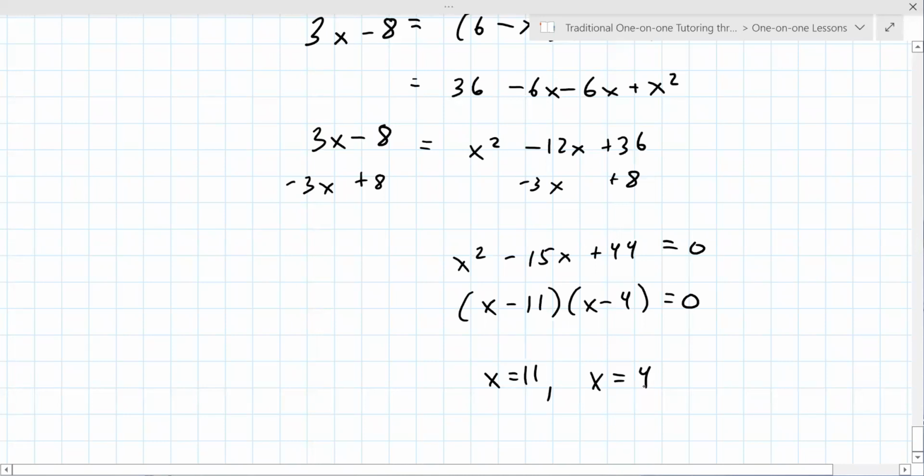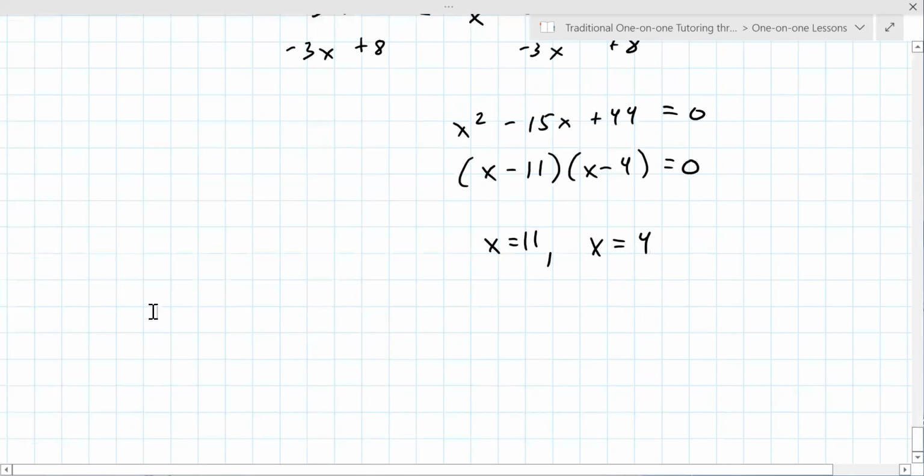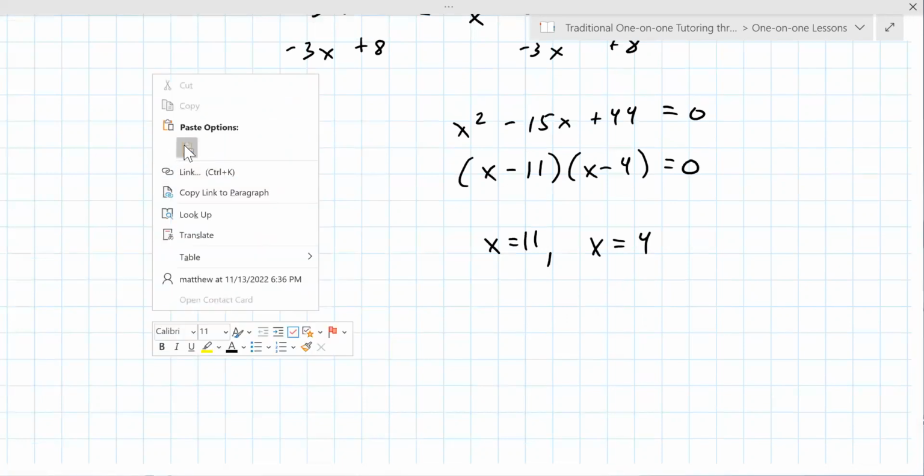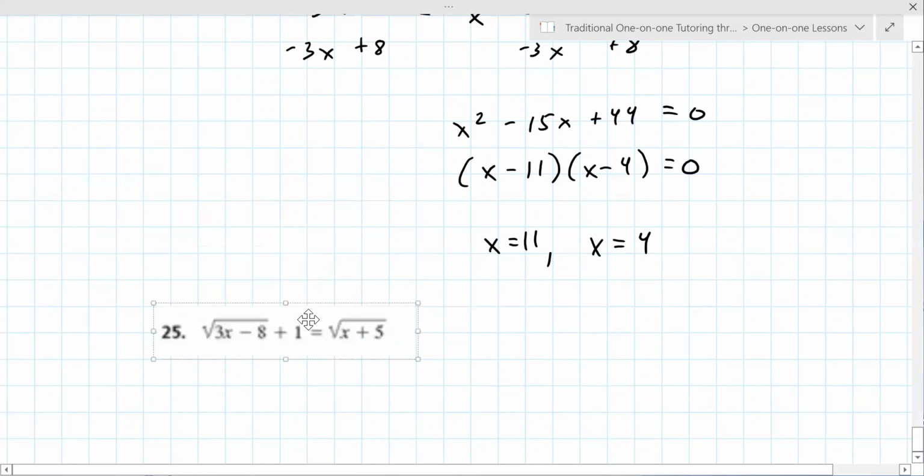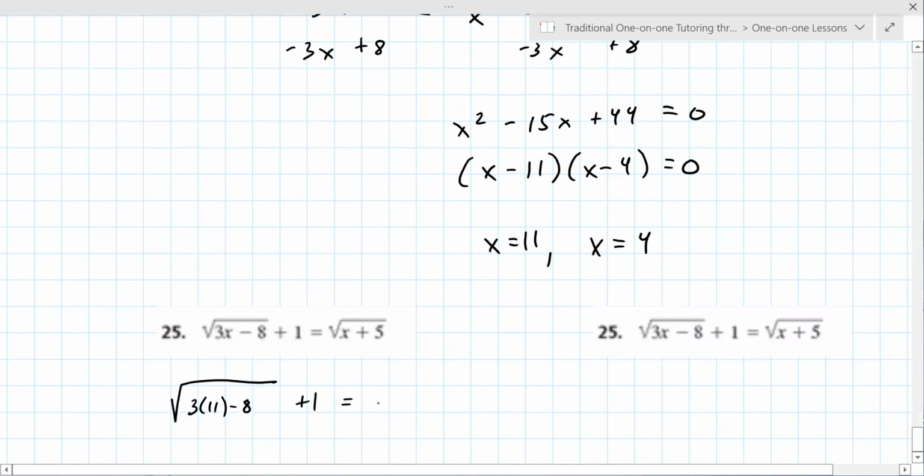And you still have to check. Right. Okay. I think they actually both work, just from my scan here. So when x is 11, it's the square root of 3 times 11 minus 8, plus 1.